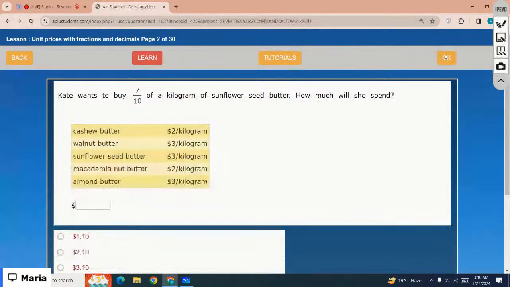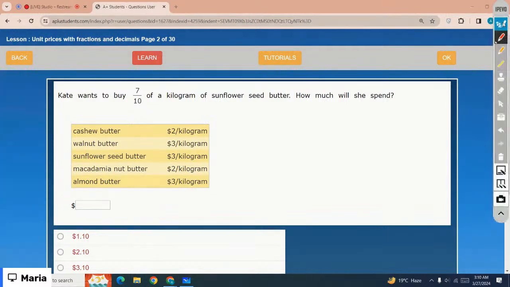Kate wants to buy 7/10 of a kilogram of sunflower seed butter. How much will she spend? So you need to calculate the price of 7/10 of a kilogram. The price of 1 kilogram is $3. You can do 3 times 7 over 10. 7 over 10 means 0.7, right?